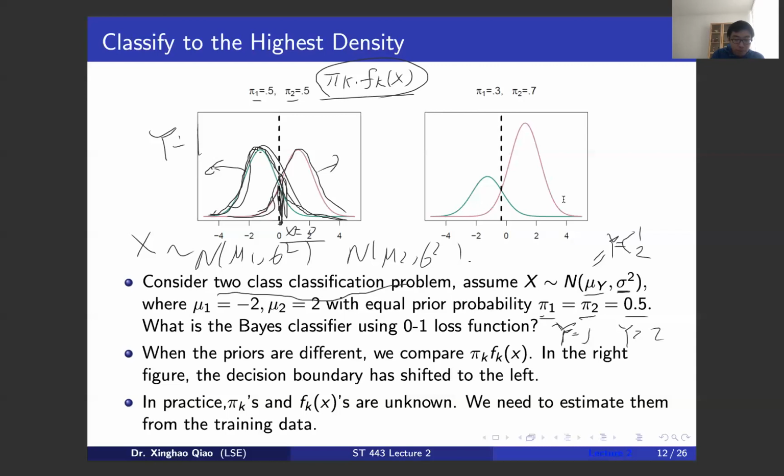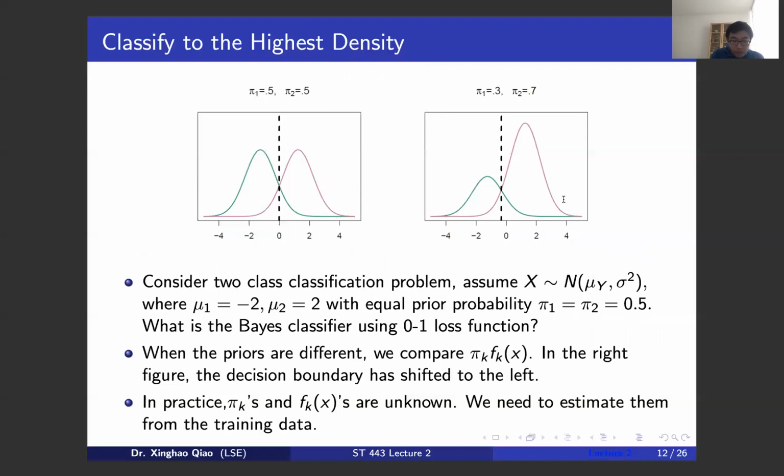The green curve's density function is larger than the purple curve's. So for x smaller than 0, we classify those points to be green. On the right-hand side, the density function for the purple curve is larger than the density function for the green curve. So for the points x larger than 0, we classify those points to be the purple class. Okay, so that's the first setting.